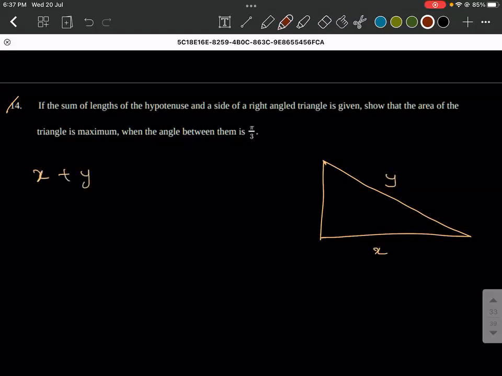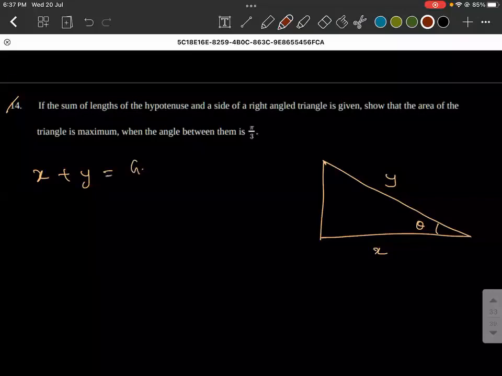So x plus y is given. Show that the area of the triangle is maximum and the angle between them is pi by 3. How to do this? X plus y is equal to, let me call it some constant k, because it is given, it is constant.